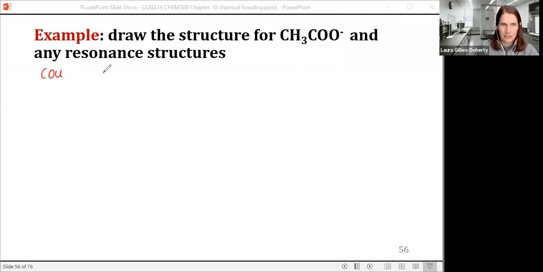So we always start with counting the valence electrons. Carbon has 4, hydrogen has 1, and we have 3 of those. Oops, we've got 2 carbons. My math is just off today.